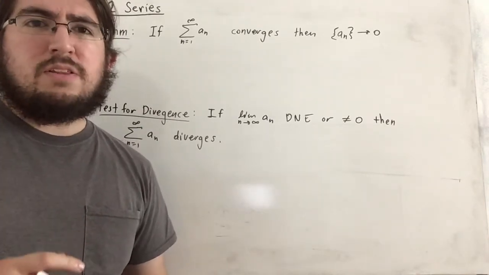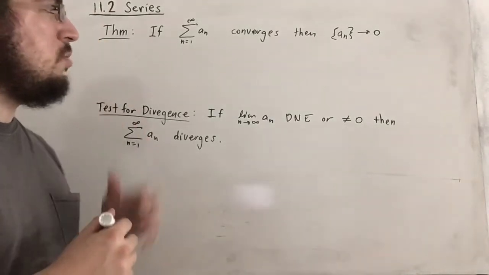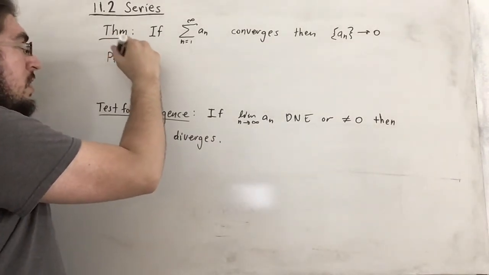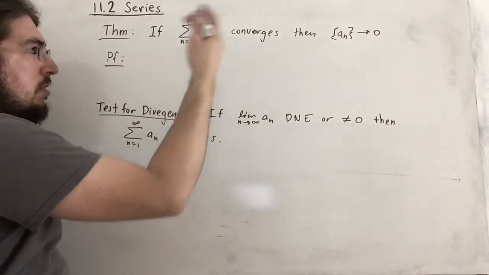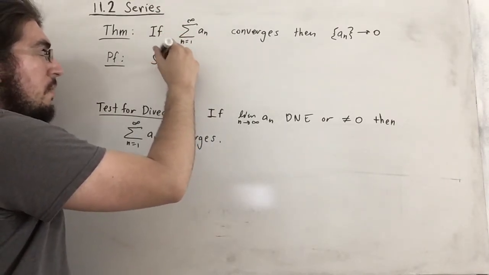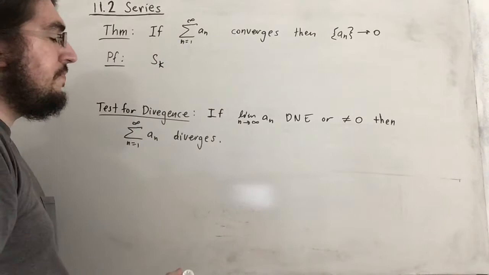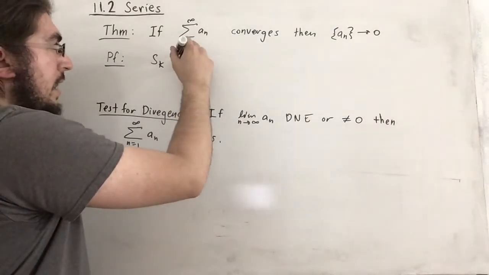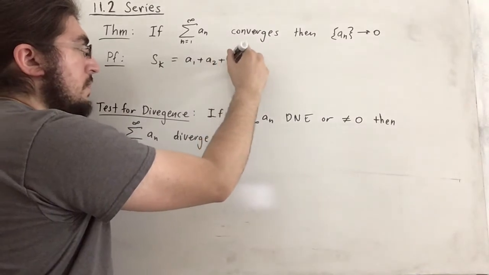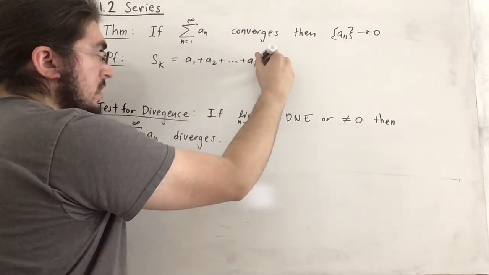That's just one idea though, but in fact there's a really nice way of proving this theorem, and it's kind of interesting. The way to prove it would be the following. If you were to consider the partial sum S sub k, S sub k would be a1 plus a2 all the way up to a sub k.